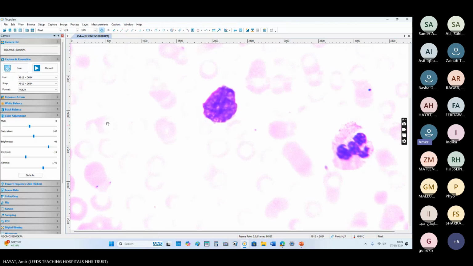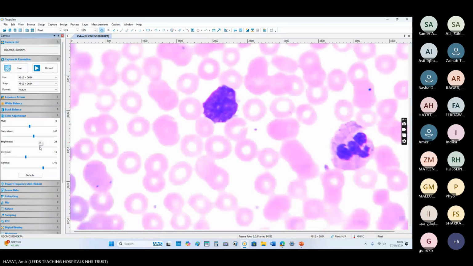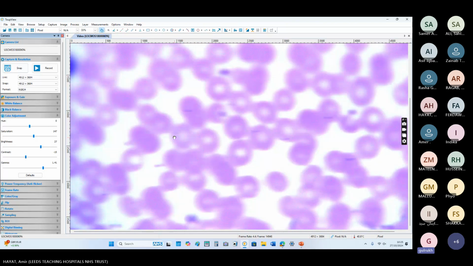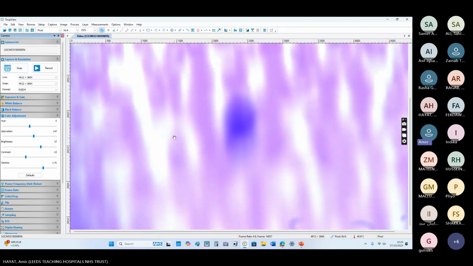Do you think this is a Sézary cell? Yes, sir, I haven't seen one before, but from what I read about their morphology, I think yes, this is. Mhm.